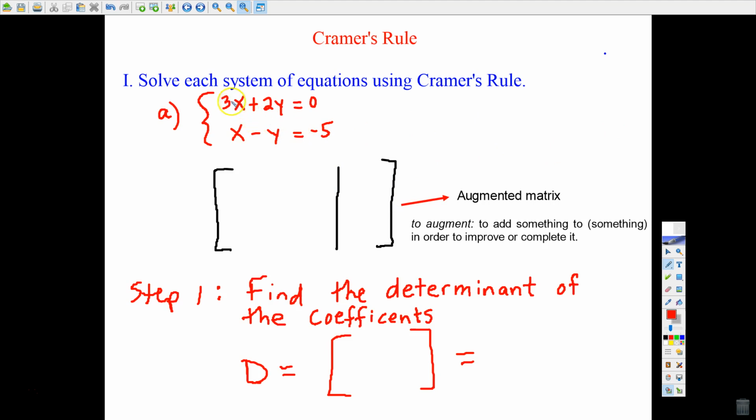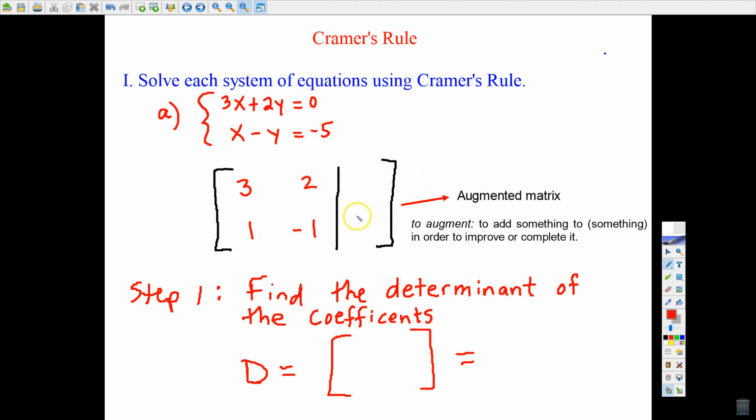So what we're going to do is take this given system, and we're going to write what is known as an augmented matrix. Well, here's what I mean by that. To the left of this vertical line, I'm going to pull out just the coefficients of this system. 3, 2, 1, -1. So I've made a matrix out of the coefficients. We literally call that the coefficient matrix.